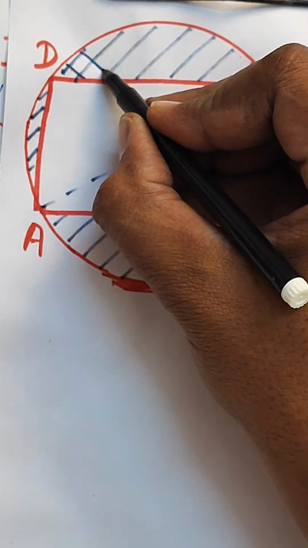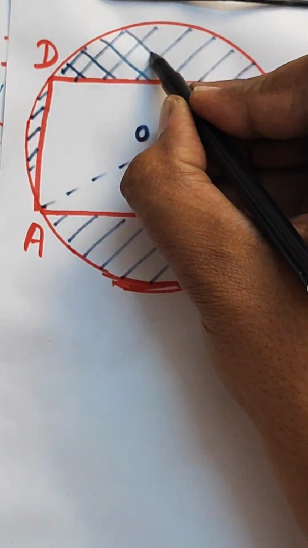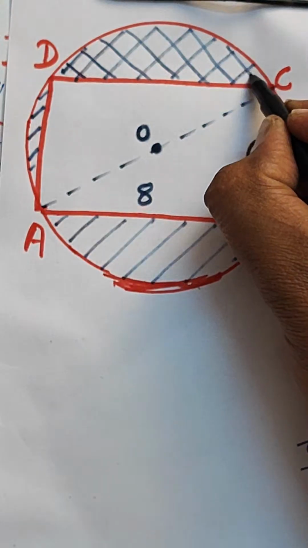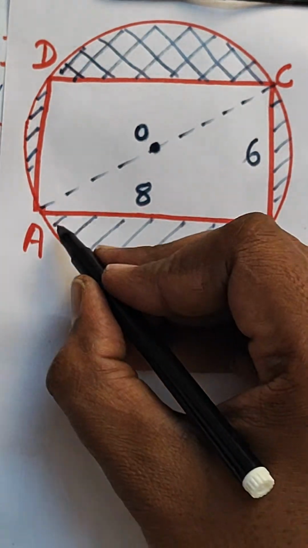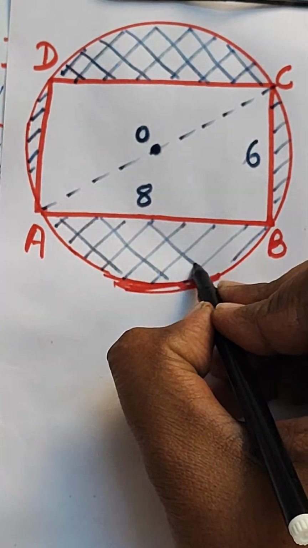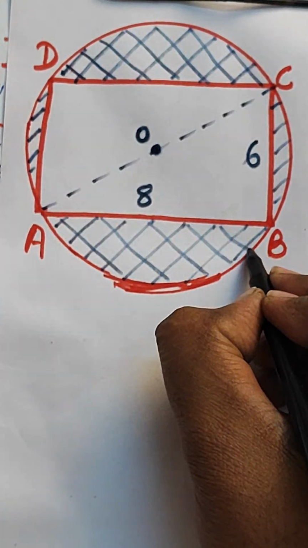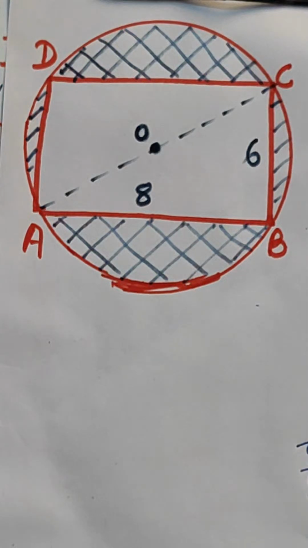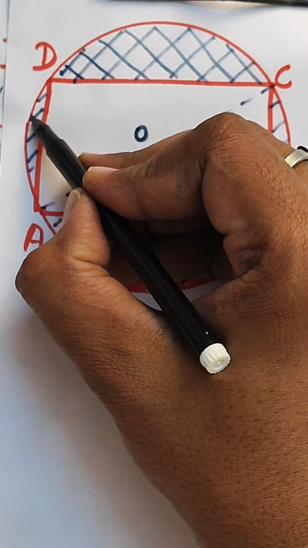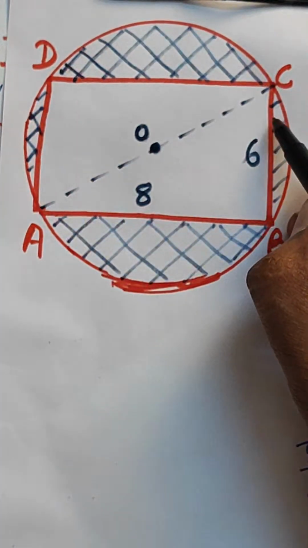To calculate the area of this shaded region, you need to evaluate what this shaded area consists of. This shaded area consists of a few portions, and you can identify them. It's very easy to identify, my dear friends.